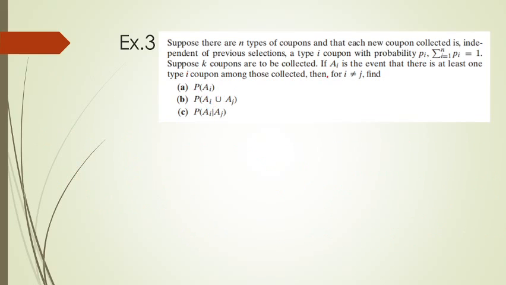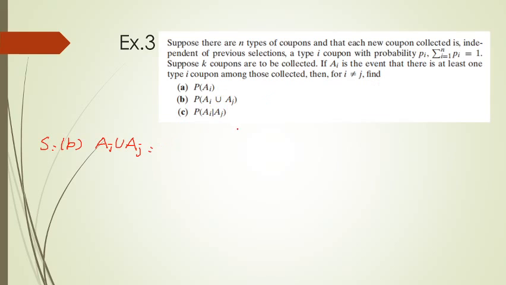It's just to try to understand what even AI means. Let's check the second one. What is AI union AJ? J and I are different, I not equal to J. AI means the event that there is at least one coupon I among those, and AJ means there is at least one type J coupon collected.